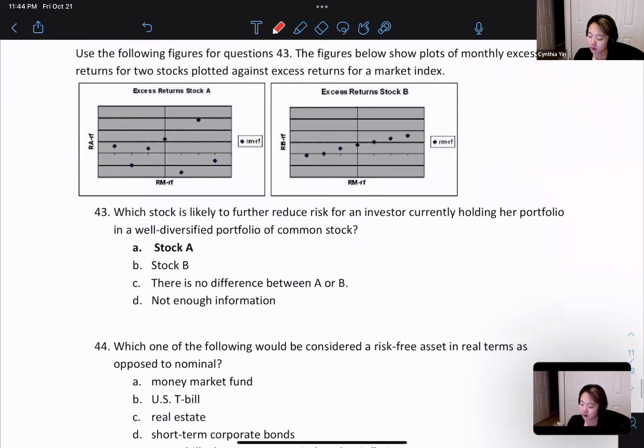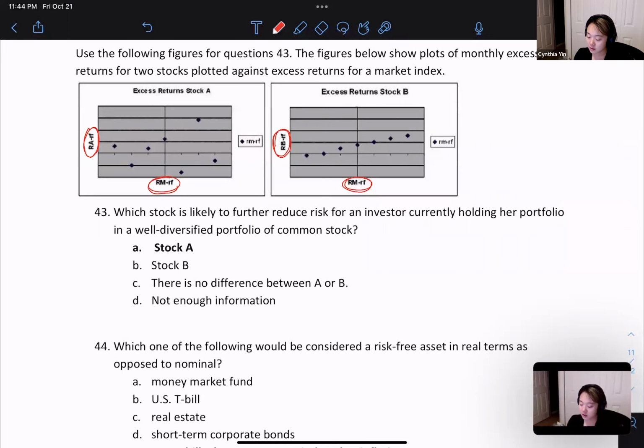43. The figures below show the plot of monthly excess return plotted against excess return for the market. So this is market minus risk-free rate. This is excess return, or return on A minus risk-free rate, and return on B minus risk-free rate.